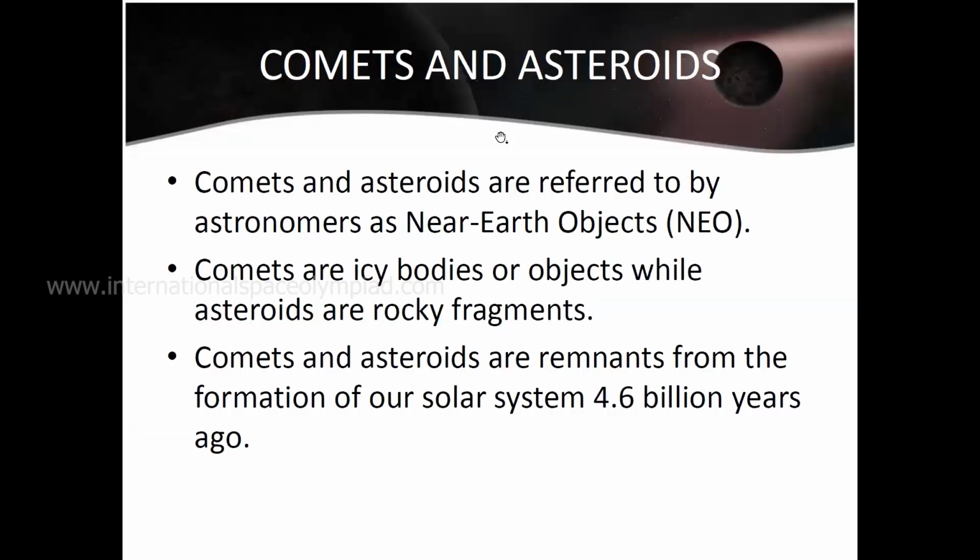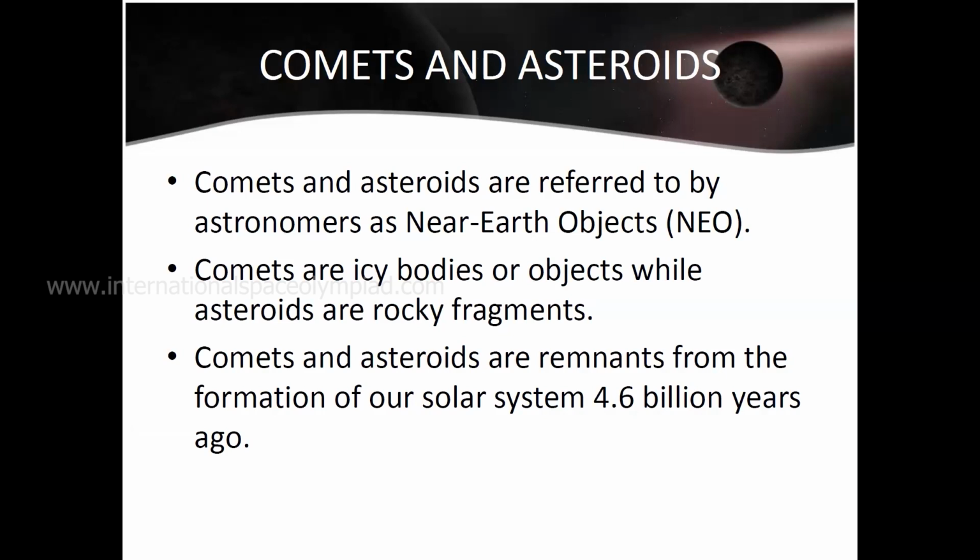Comets and asteroids, if they are near to the Earth, we can of course call them near-Earth objects. But there is a fundamental difference between comets and asteroids. The first thing is comets are icy bodies, mostly made of ice, while asteroids are rocky fragments.